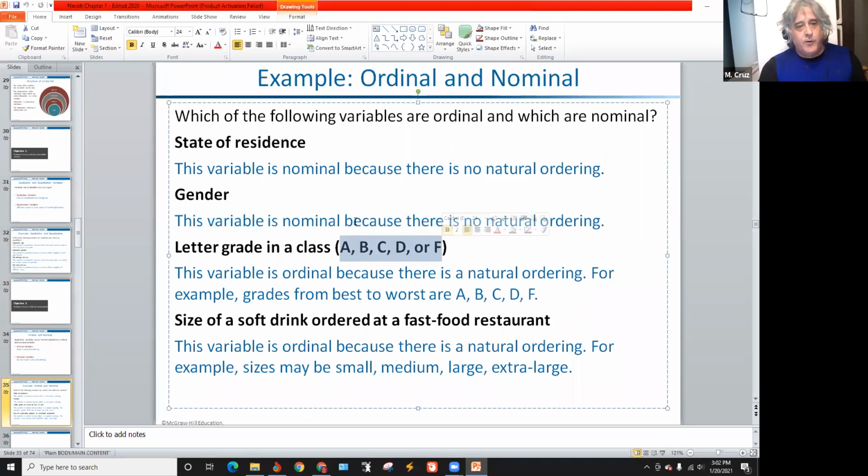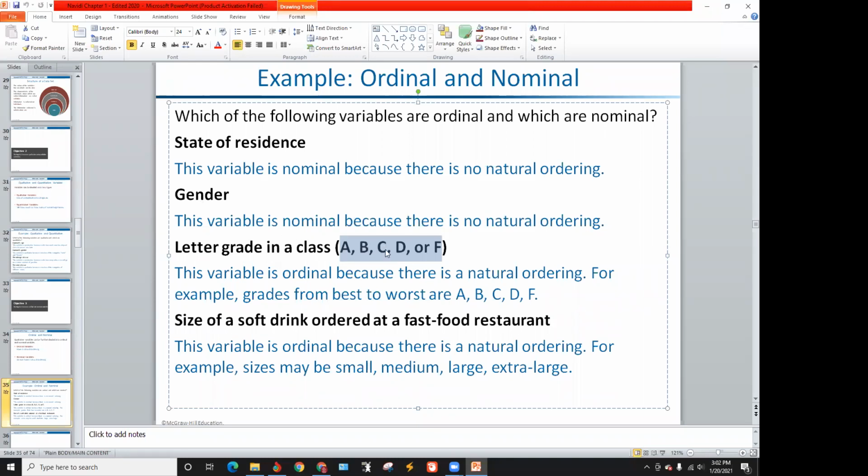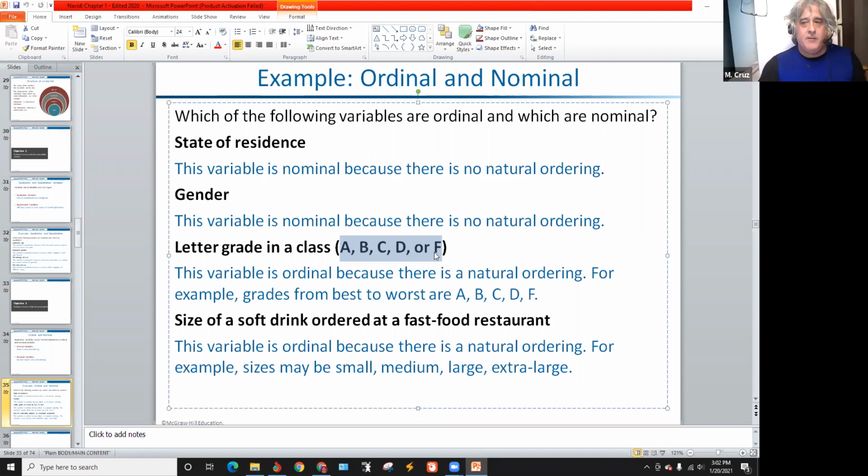Everybody knows what's more desirable than the other one because these are ordered: best, next best, average, a little bit below average, and below average. Size of a soft drink. Now, I don't ever see small anymore. It's usually medium, large, and extra large or jumbo. But still, the idea is the same: those are naturally ordered.